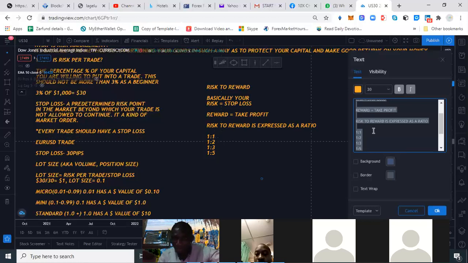Okay, so let's put that there so we can be clear. If you have a stop loss of 30 pips, for 1-to-1, you're also going to have a 30 pips take profit. For 1-to-2, with a 30 pips stop loss, you're going to have a 60 pip take profit.